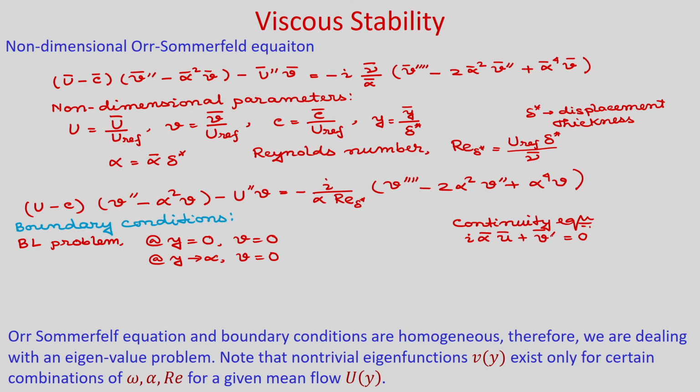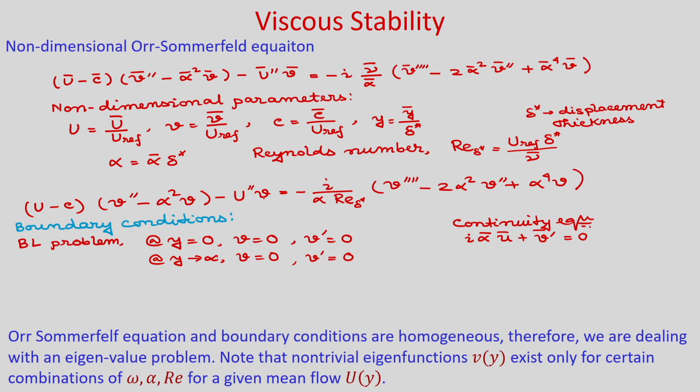So, v prime will be 0 at the wall as well as at y tends to infinity. From this equation you can see that the disturbances of u also must be 0 at the wall and at y tends to infinity. So, that means here we can write v prime also 0.